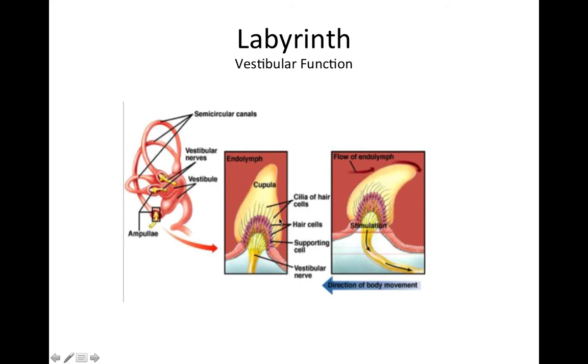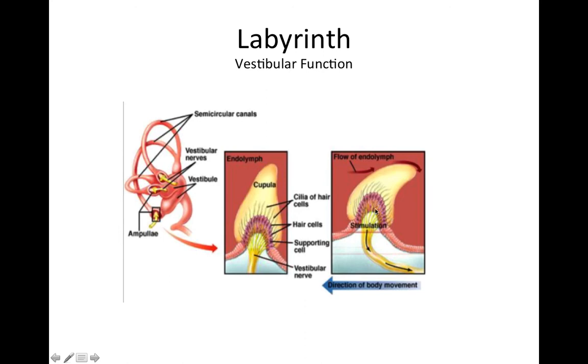You can see we have the cilia of the hair cell itself, and then these are actually attached to the vestibular nerve. Okay, so they're called stereocilia. When we bend the stereocilia, it causes a change in ionic conduction at the surface of the cell, which we could see we're bending.